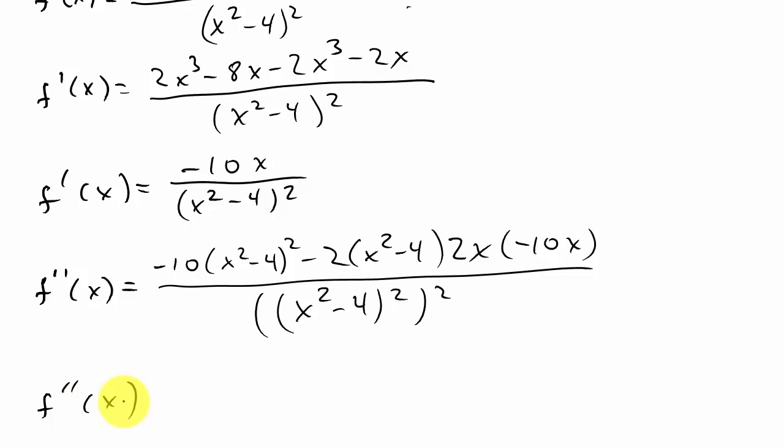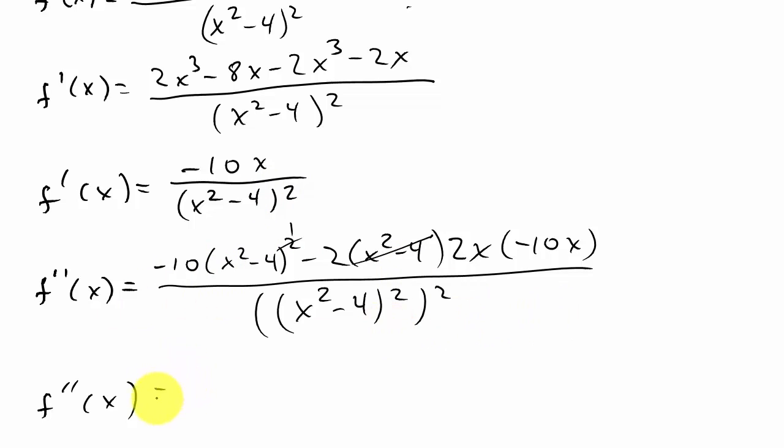I'm not going to go through all the steps here, to save a little time. This would be to the fourth, and this would cancel and leave me an x to the first power. And then you would just distribute and combine like terms.